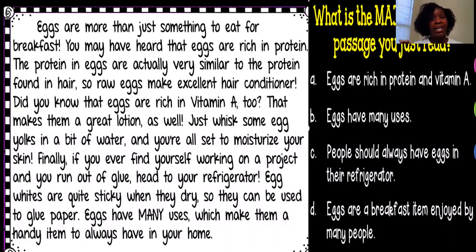Now, in the beginning of the text, the very first sentence did say that it wasn't just something to eat for breakfast. So it did talk about how people eat them for breakfast, but this whole text was not all about how eggs are a breakfast item that is enjoyed by many people. So the best answer choice has to be answer choice B.